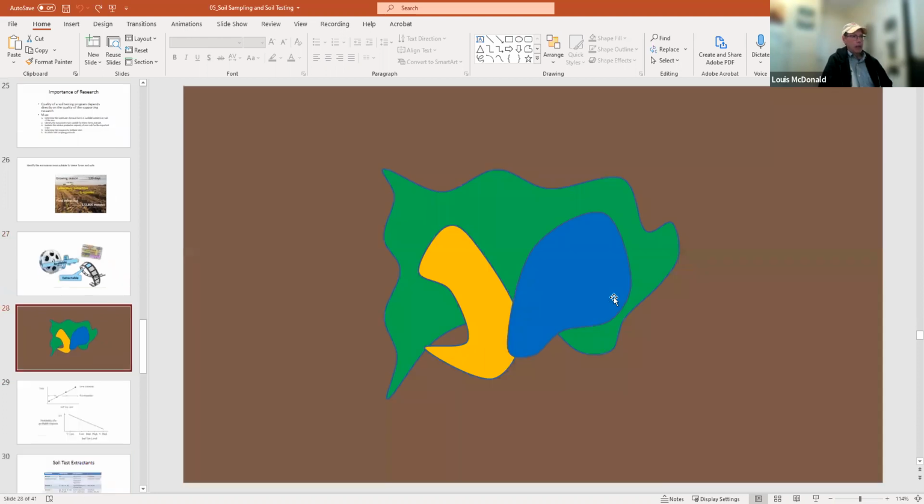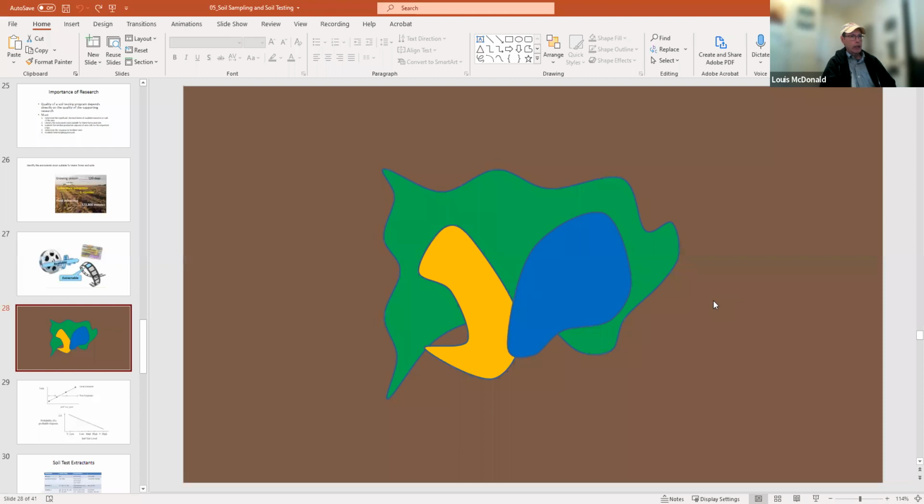This picture is mine, right? I did make this picture. And so we're going to imagine that this whole brown slide is the soil. And we're going to evaluate extractant green and extractant yellow and extractant blue. And the question is, which is the best extractant?